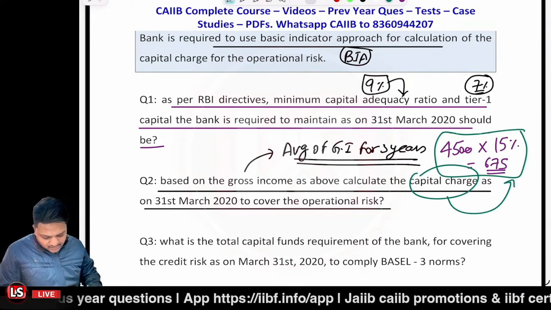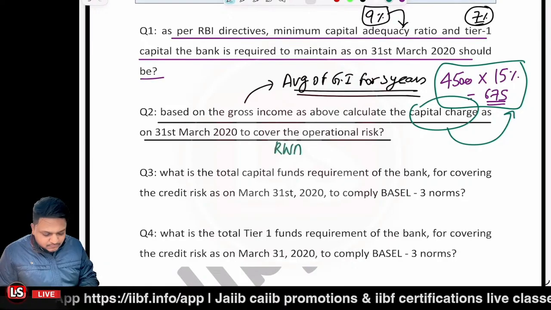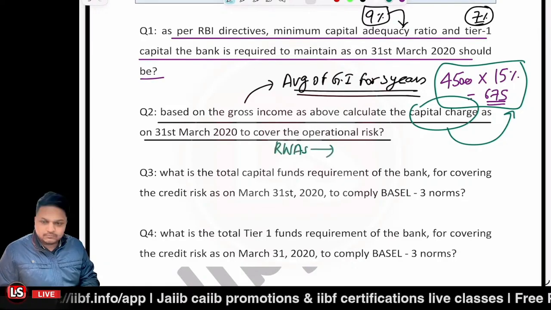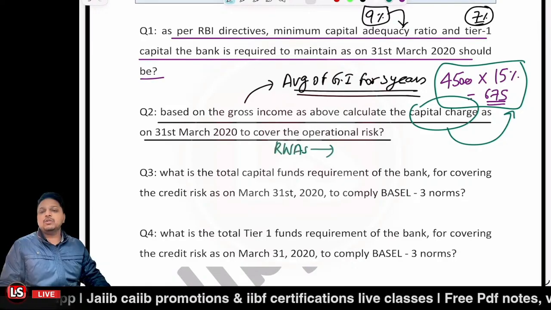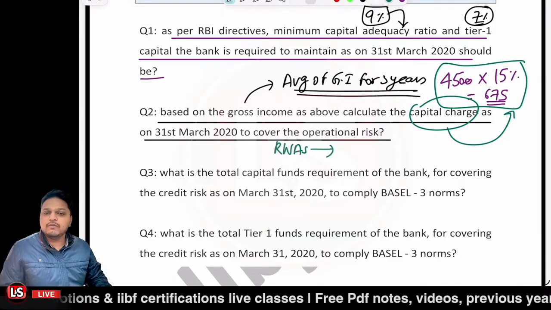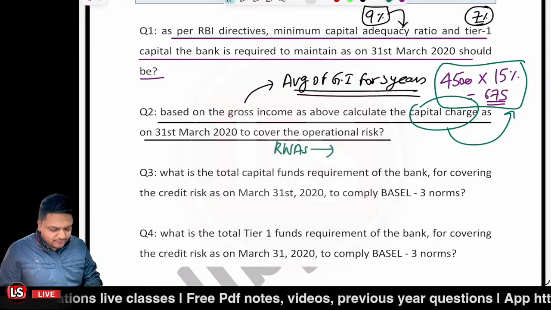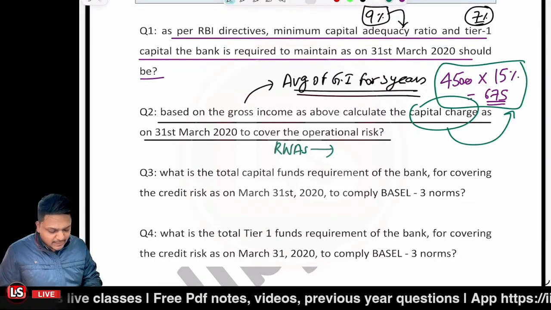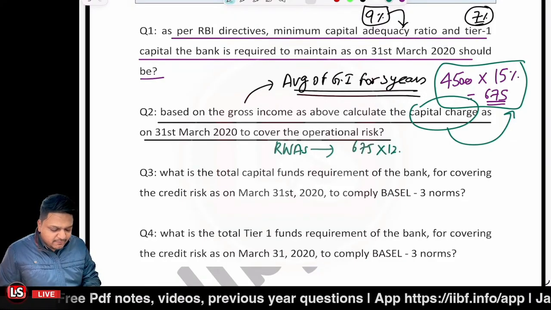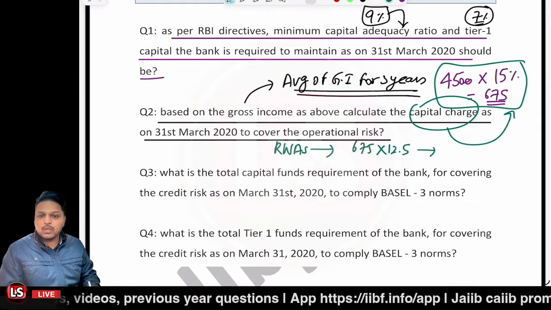If we have to calculate the risk-weighted assets for the operational risk, we will be multiplying the capital charge with 12.5. So capital charge is 675, multiplying it with 12.5, that would be equal to what?